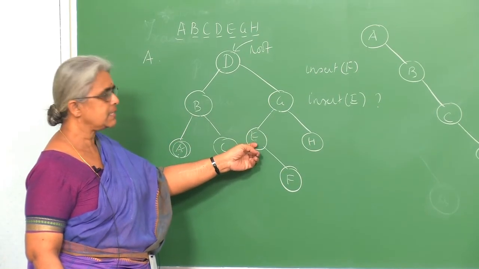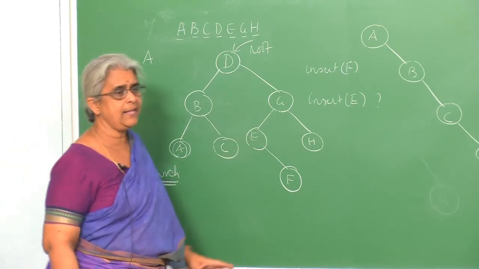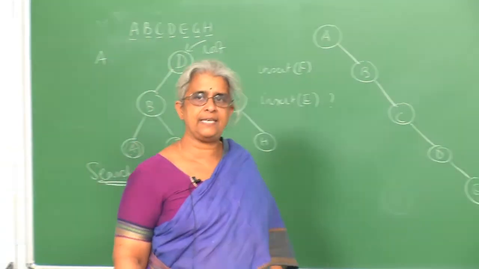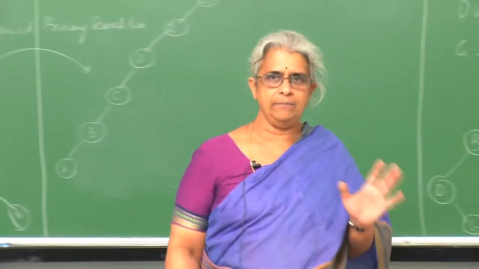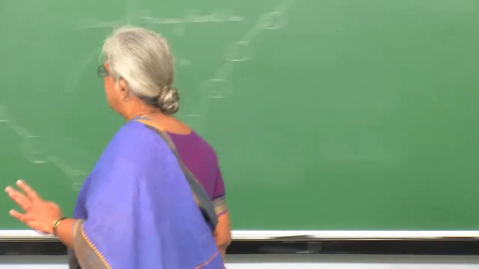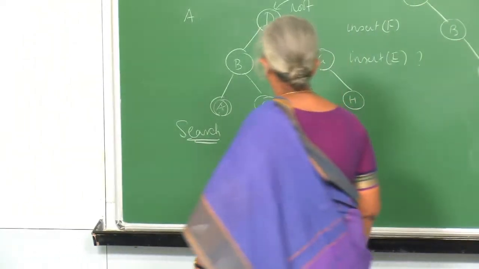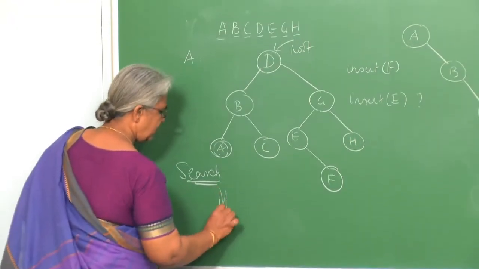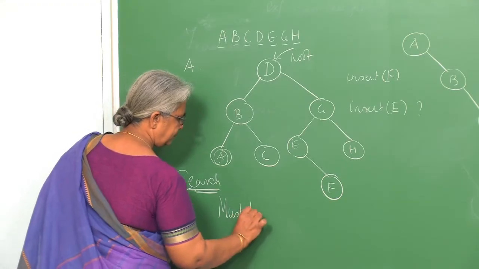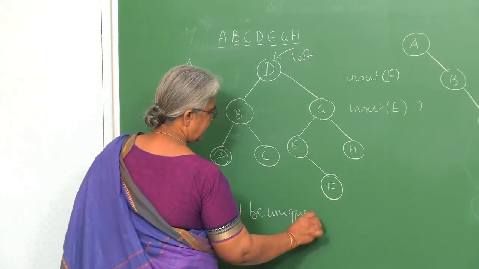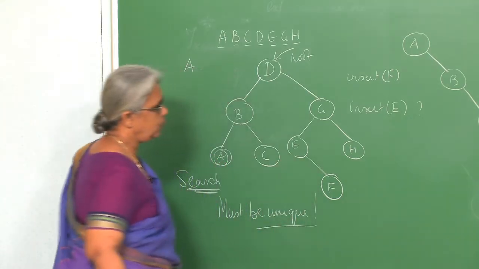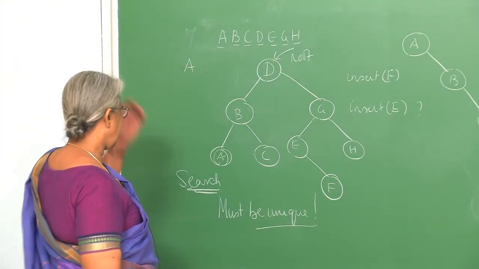I found a match, but since the binary search tree already has a key E, clearly I cannot insert the node E, because the keys in a binary search tree must be unique. This is a very, very important property. Keys in a binary search tree must be unique. This has to be satisfied.